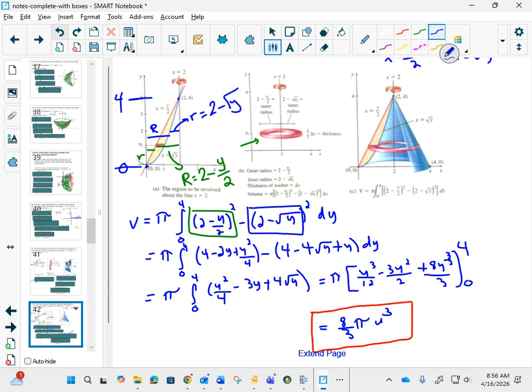Like the circular arrow. Yeah. It makes you think you're doing X's when you're thinking this way. You have to realize I am drawing these discs starting at the bottom and adding all those discs until I get to the top. In this case, all of the washers from the bottom until the top.